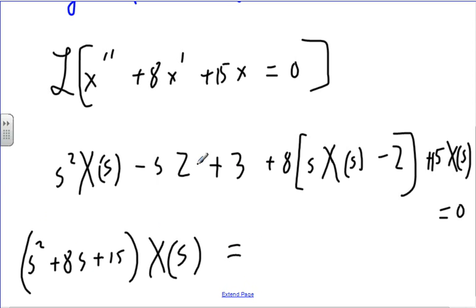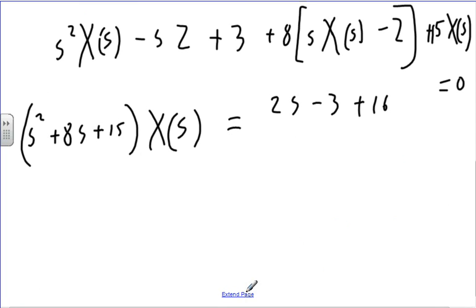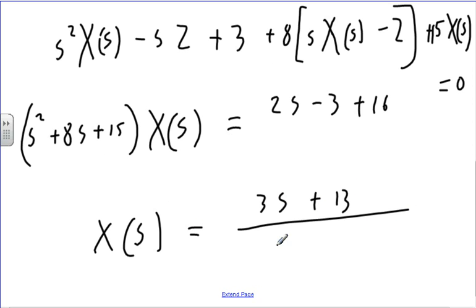It's equal to, I'm going to throw this on the other side of the equation, 2s minus 3 plus 16. Okay, so X of s is 3s plus 13 divided by s squared plus 8s plus 15.